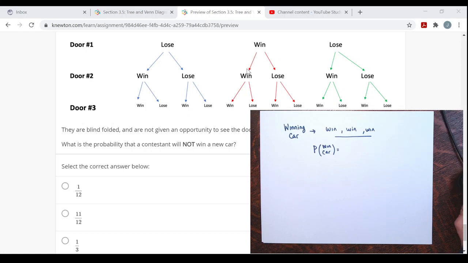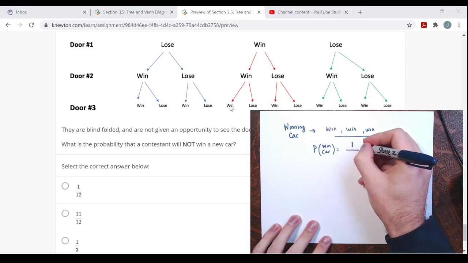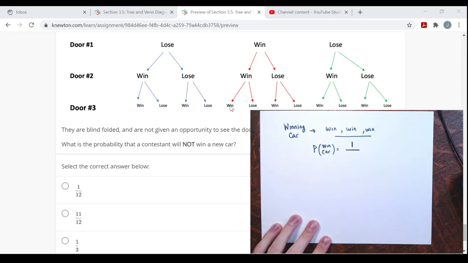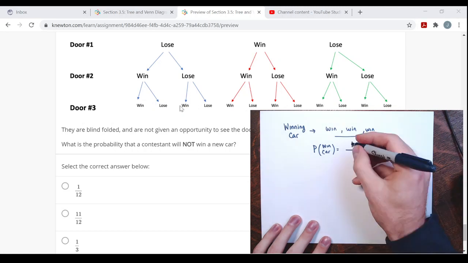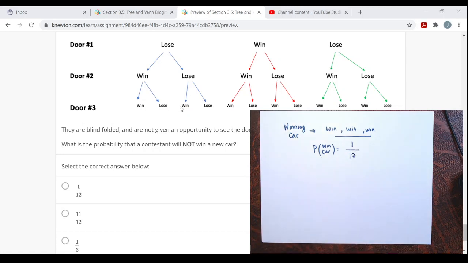There's only one path, win, win, win. So the numerator here is only 1. There's only one way to win the car, only one path to winning. And how many total paths are there? I already said it. It's 3 times 2 times 2. And you can see at the bottom there are 12 total paths. All right, so the probability of actually winning the car is 1/12.